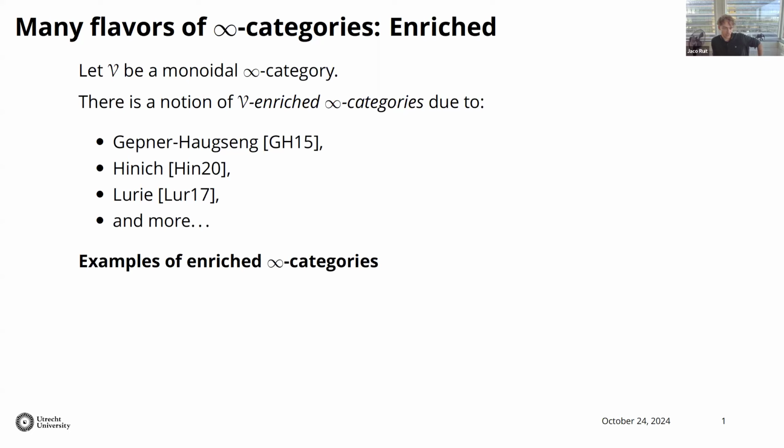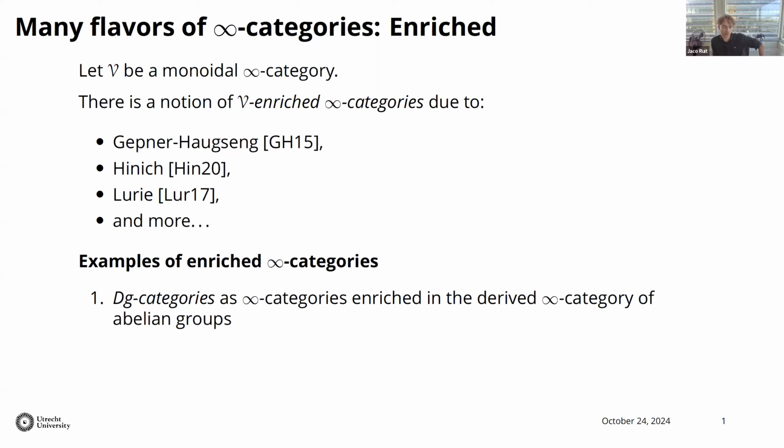So maybe if you like homological algebra, you have seen these DG categories, and you can view DG categories as infinity categories which are enriched in the derived infinity category of abelian groups, if you know what these terms mean. Originally, DG categories are defined as just being ordinary categories enriched over chain complexes.